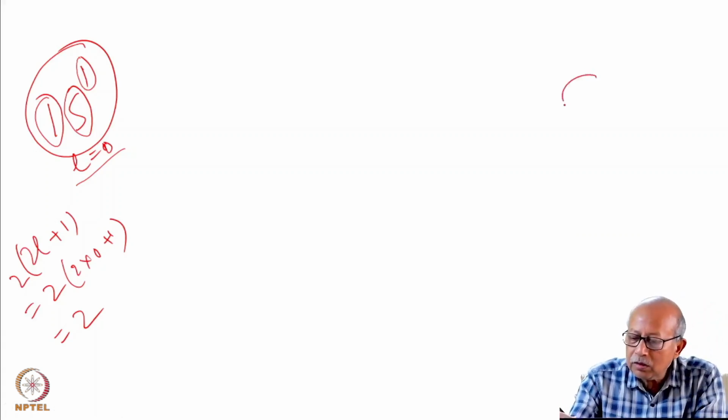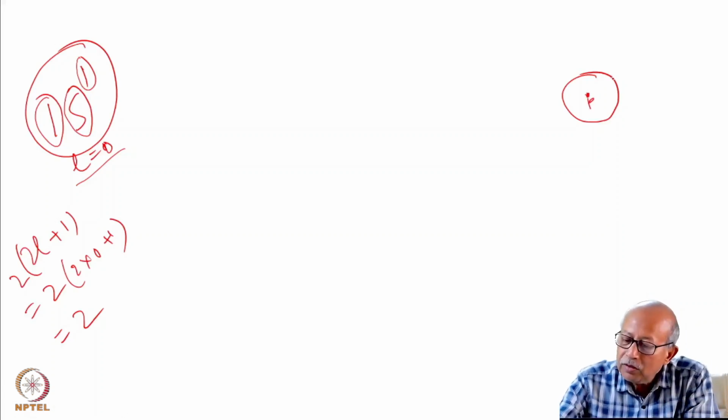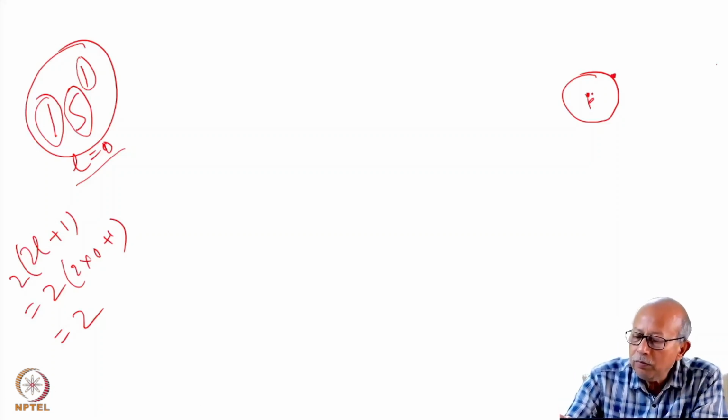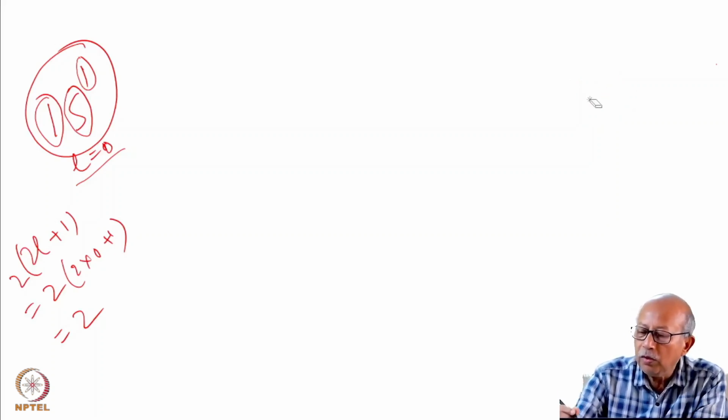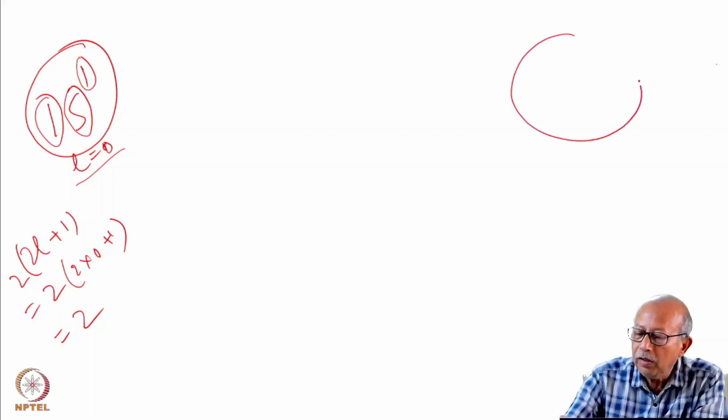So this is my hydrogen atom, this is the nucleus, which is 1 proton, and this is the electron which is orbiting the proton, and suppose the radius of the orbit is r0. Let me draw it a little.